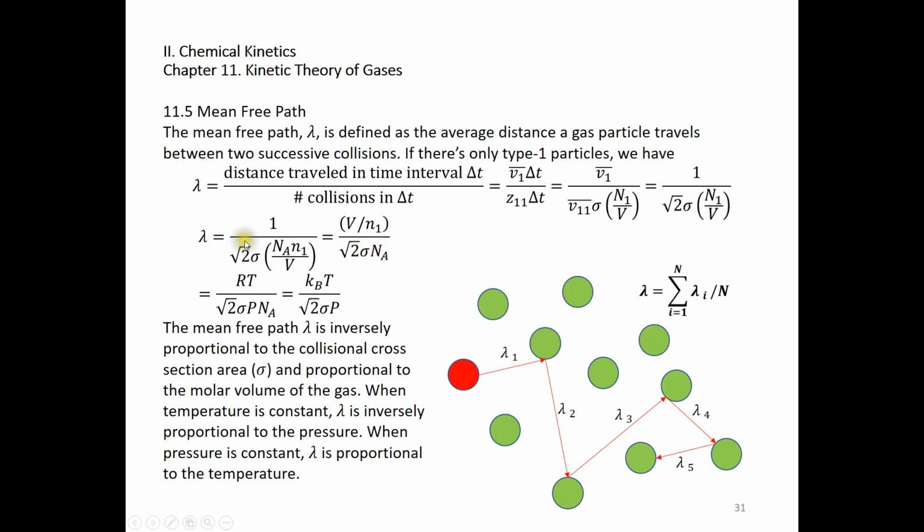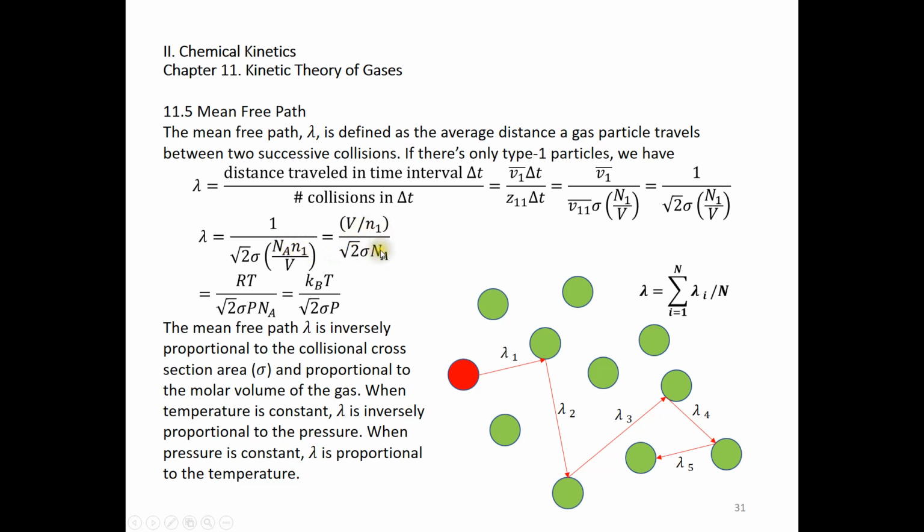So lambda is equal to 1 over the square root of 2 times sigma, the collisional cross-section area. And over here we simply express the number of particles as the number of moles times the Avogadro constant.